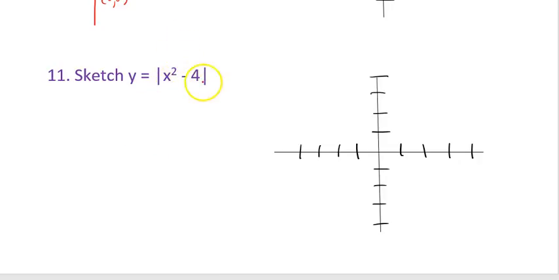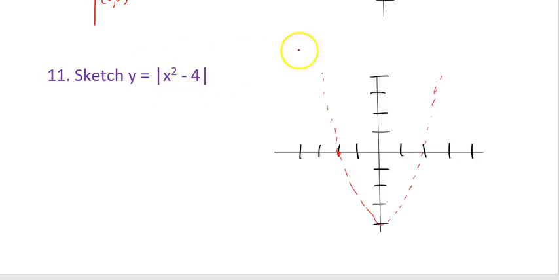So I'm going to start by doing a dotted version of the graph x squared minus 4. So the graph x squared minus 4 is a parabola moved down 4. And that would actually cross at 2 and -2 if you find the zeros. That's what that looks like without applying the absolute value.